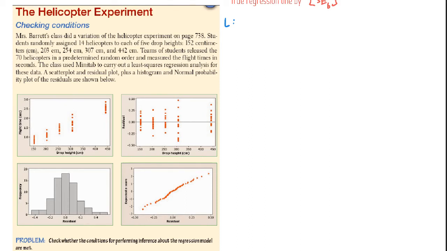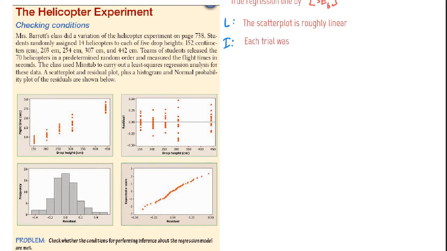So linear: sure, the scatter plot or no pattern in the residuals. I mean, there's almost a pattern here, but we would just say the scatter plot is approximately linear. Check. I, independent. Well, it was an experiment, and I think it's safe to assume every helicopter was independent of the others.